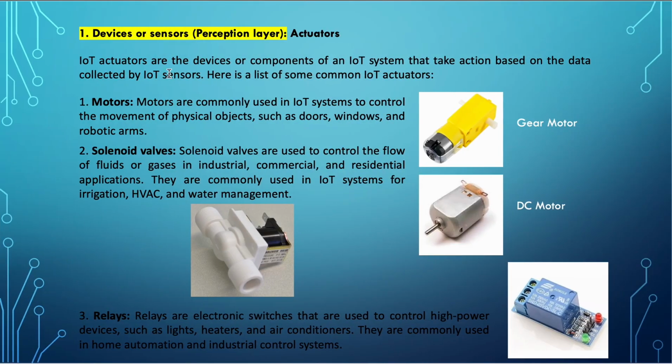Then again, like sensors, I want to highlight that when we say actuators, we are going to give an IoT solution, and that IoT solution should include motors for that IoT device, especially for movement and things like that.